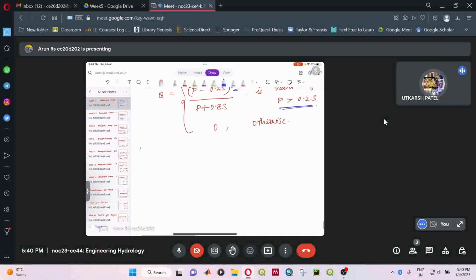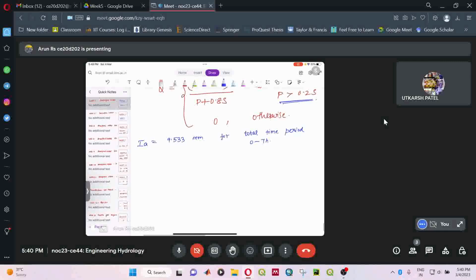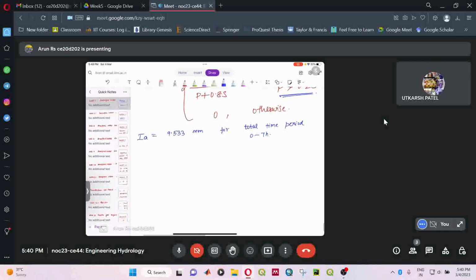It is 9.533 mm for the total time period, zero to 7 hours. Now we need to find out the variation, so for every hour, what is the initial abstraction that is happening.